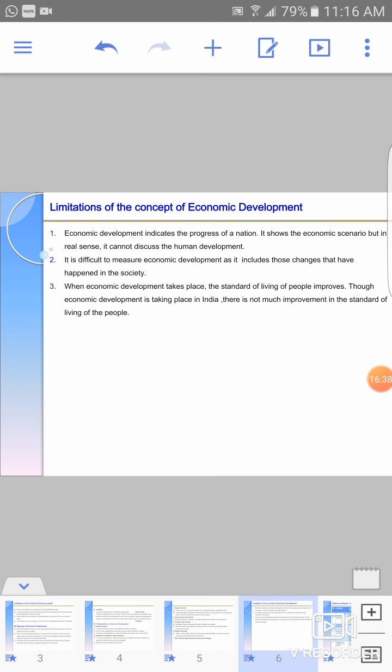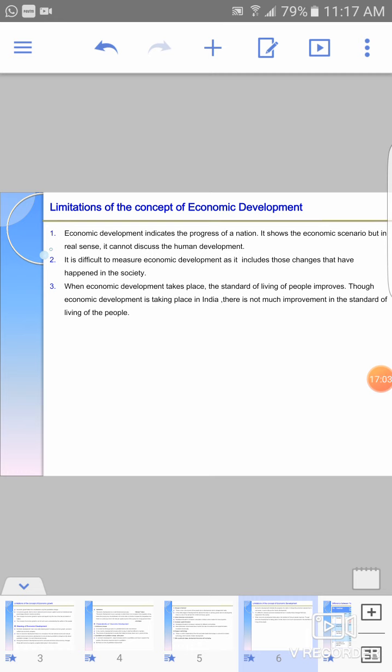Second point is it is difficult to measure economic development as it includes those changes that have happened in the society. It is difficult. What are the changes taken place in the society? Economic development is taking place, but we don't know how the society has improved as a whole.